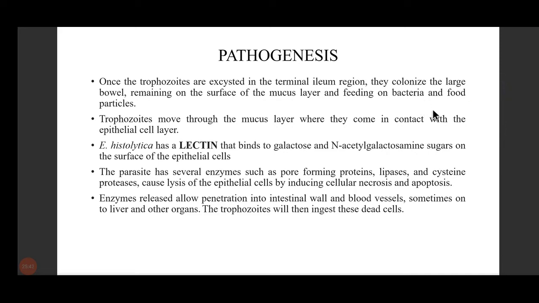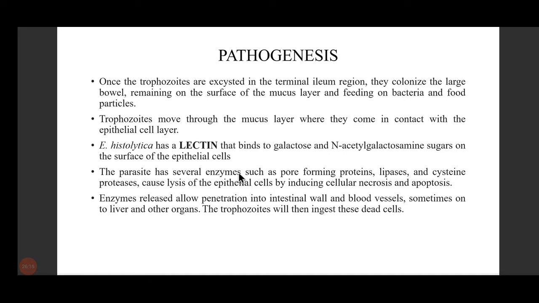Pathogenesis. These trophozoites are excysted in the terminal ileum region. They colonize the large bowel, remaining on the surface of the mucus layer, feeding on bacteria and food particles. Trophozoites move through the mucus layer where they come in contact with the epithelial cell layer. Entamoeba histolytica has a lectin that binds to galactose and N-acetyl galactosamine sugars on the surface of epithelial cells.